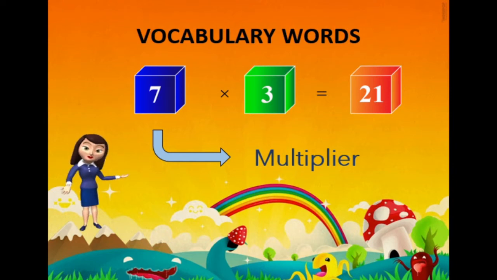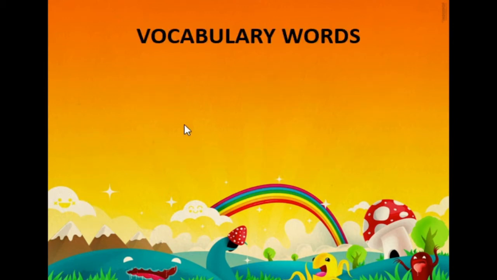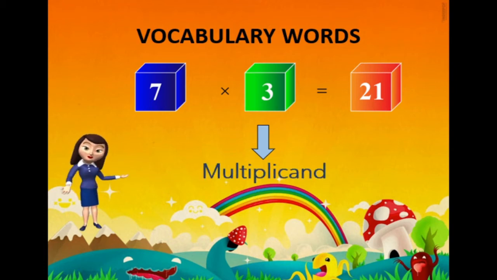Multiplier. Next, what do you call number 3? 3 is our multiplicand. Multiplicand. Say it one more time.